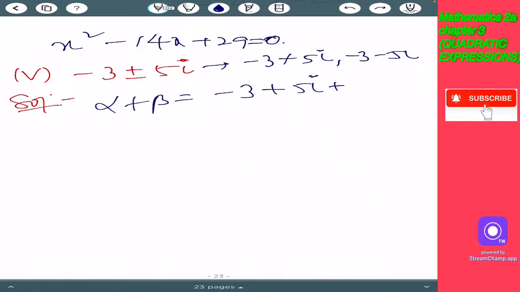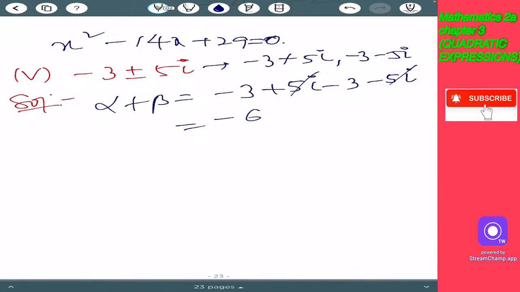The plus 5i and minus 5i have the same magnitude but different signs, so they neutralize each other. So minus 3 minus 3 becomes minus 6.